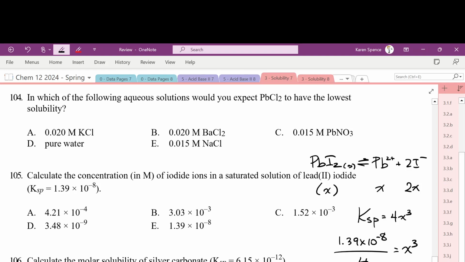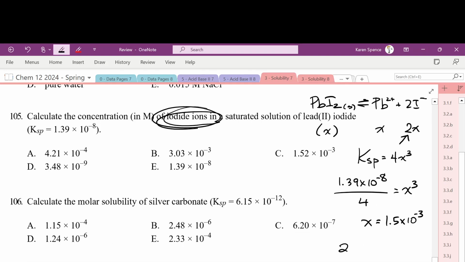And now you say, what was I asked for? I was asked for the concentration of iodide, and iodide is 2x. So 2x, the concentration of iodide, is approximately 3 times 10 to the minus 3.